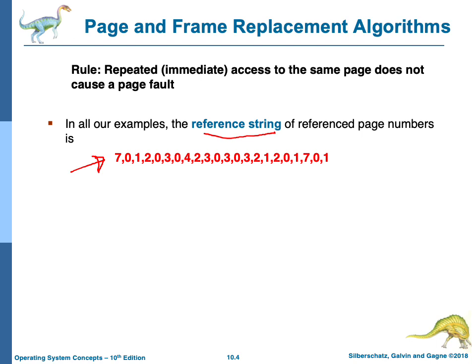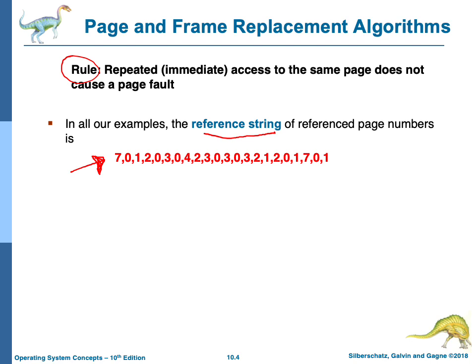So reference string is actually the page numbers, not the full addresses, right? So the page numbers that a process is trying to access or has accessed. Okay, so we will run our replacement algorithm on that reference string, and we will count how many page faults that algorithm did generate. Okay, so one rule that we're going to follow is that repeated immediate access to the same page number will not actually be counted as a page fault.